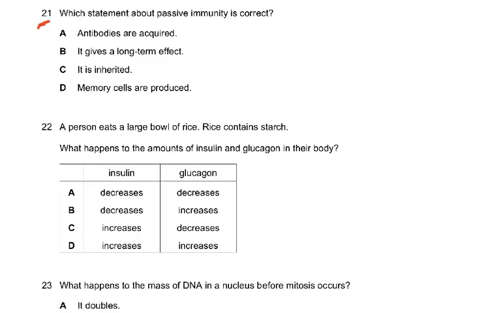Now, question number 21, which statement about passive immunity is correct? Active immunity was when a person falls sick and then his lymphocytes make antibodies. So that was active immunity. And this is natural and artificial active immunity.